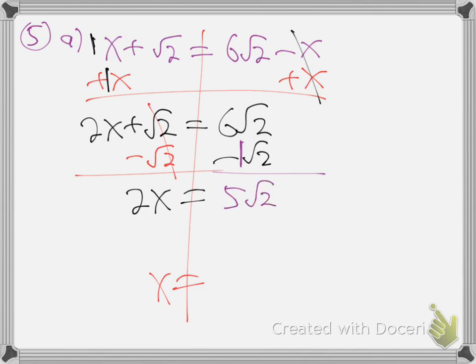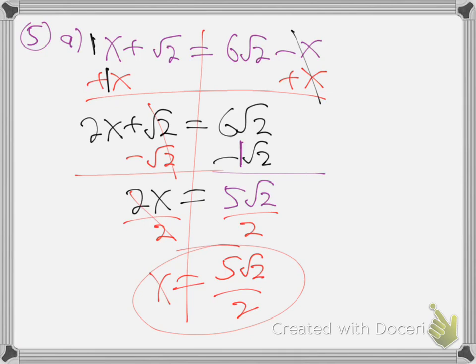Roots, in the world of algebra, you treat just like you would an x. It's like 6x minus x, 5x. 6 roots of 2 minus another root of 2 is 5 roots of 2. Last step to get x alone. Divide by the 2. Boom. 5 root 2 over 2. That's the answer for x on that one. Is that good?